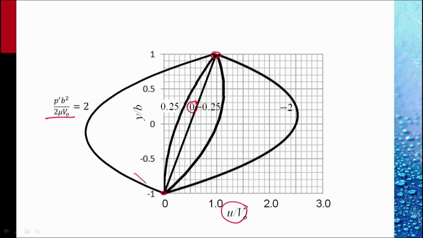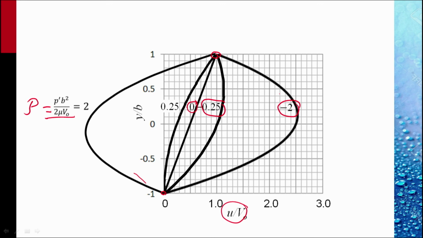For negative values of script P, that means pressure decreasing in the downward direction, for the value minus 0.25 we get this profile, and for minus 2 we get this profile. Skewed parabolic profiles.